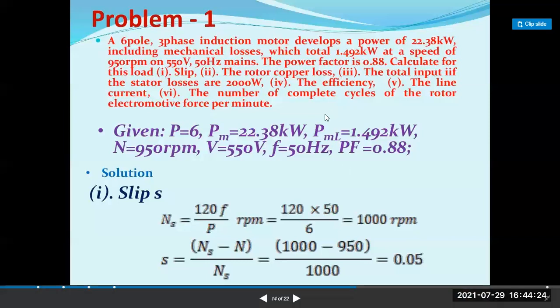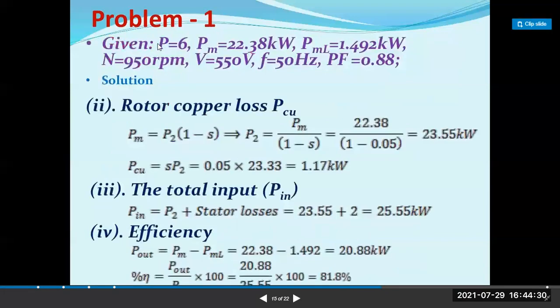Second is rotor copper loss. Rotor copper loss is 3 I2 square R2. Or you can write this rotor copper loss in terms of slip and mechanical power developed. From the mechanical power developed, you will get P2 equal to the mechanical power divided by the bracket 1 minus s.